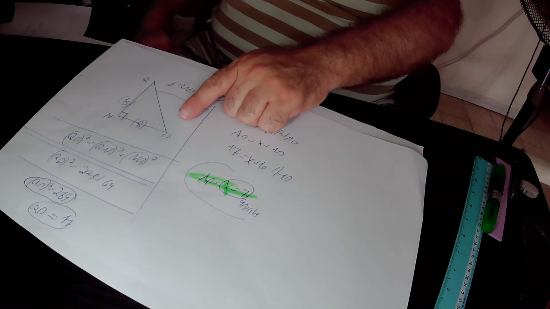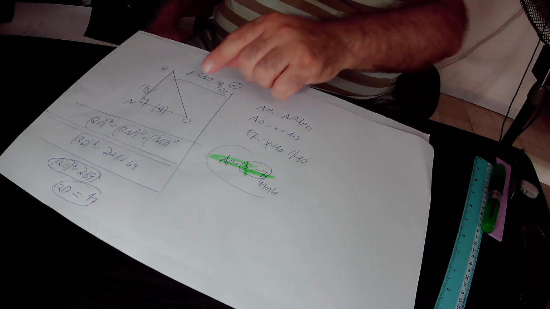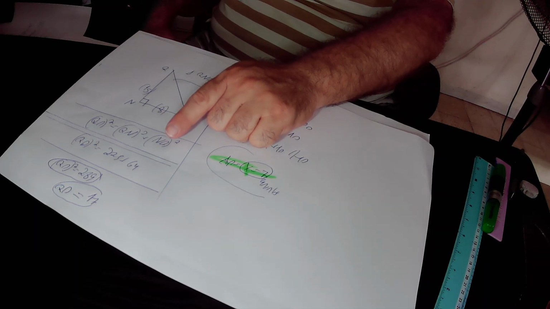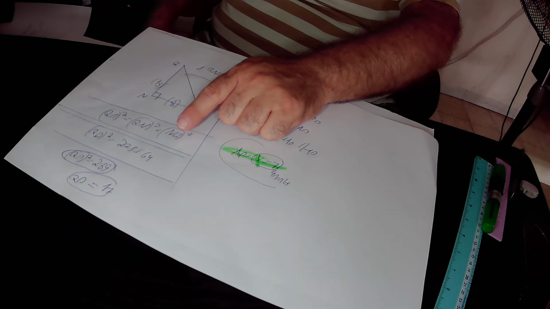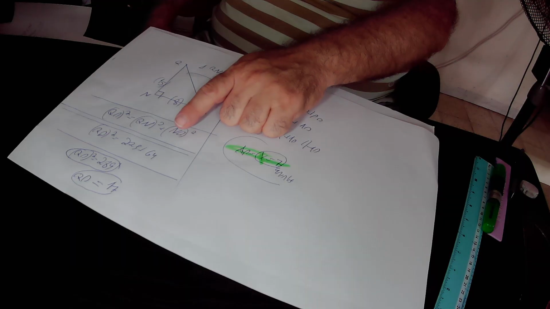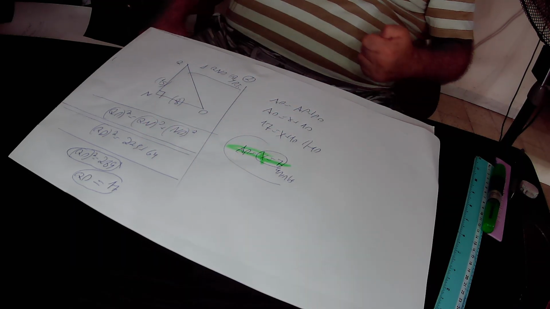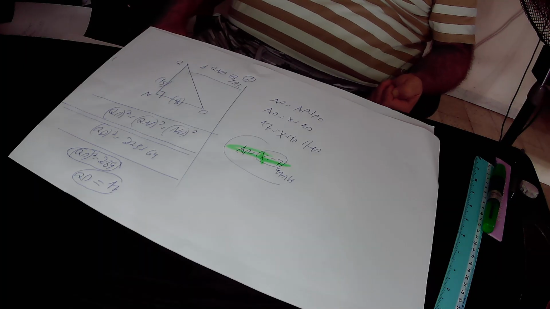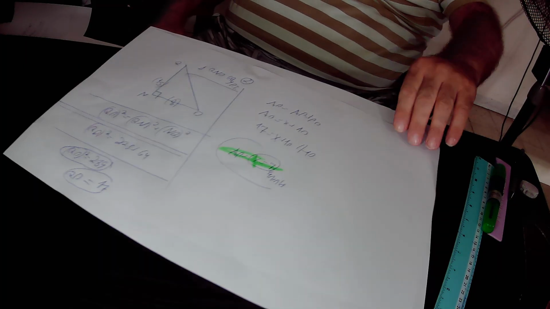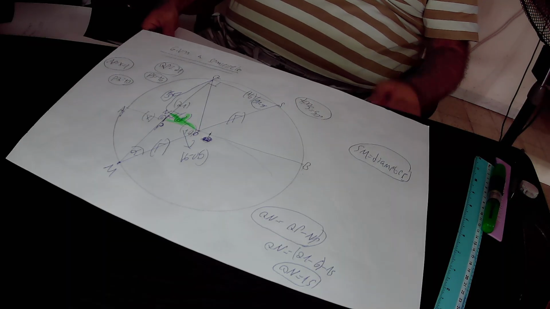NO is 8, therefore NO squared is 64. So in total, QO squared equals 225 plus 64, that is 289. Here we take the square root and finally find out that QO equals the square root of 289, that is 17. So the radius QO of this circle is equal to 17 units.